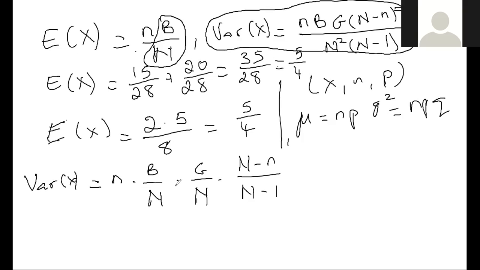So for our example here, n was 2, b was 5, g was 3, 8 minus 2 is 6, divided by 8 squared times 7.